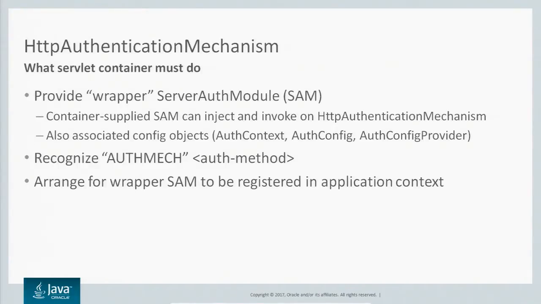The server also provides all the related objects that you need for JASPIC configuration. So there's an auth context, an auth config, and an auth config provider. It recognizes the auth method and arranges for all of that to be registered in the JASPIC factory for that application context. So all of the heavy lifting for JASPIC, the container does for you behind the scenes.